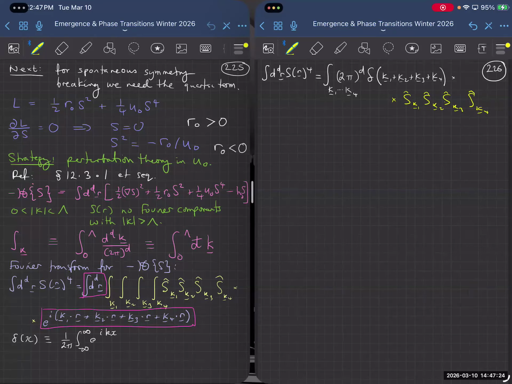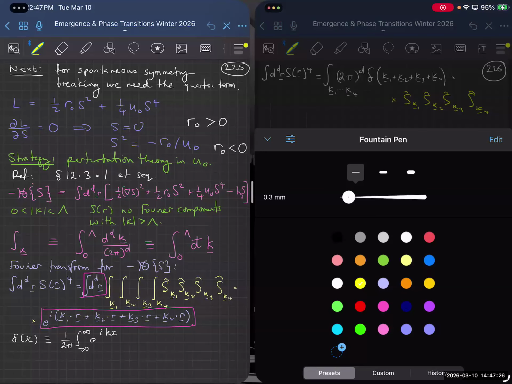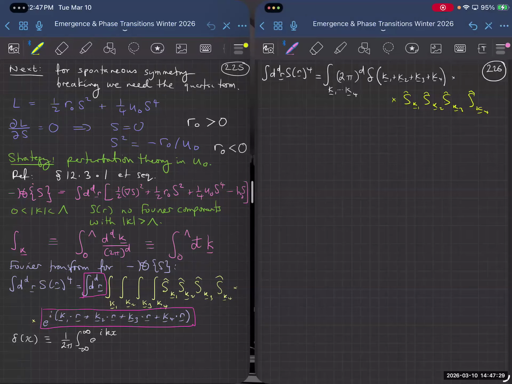And this delta function says that the momenta have to add up to 0. And so we think of this as a momentum conserving delta function.